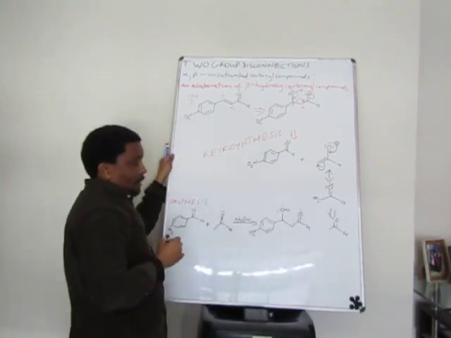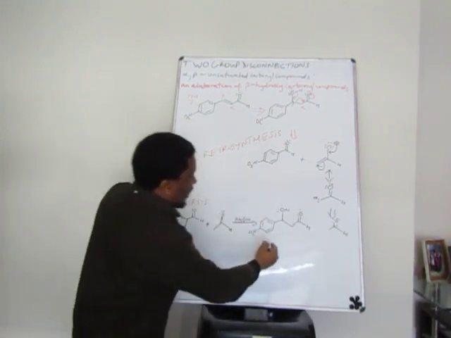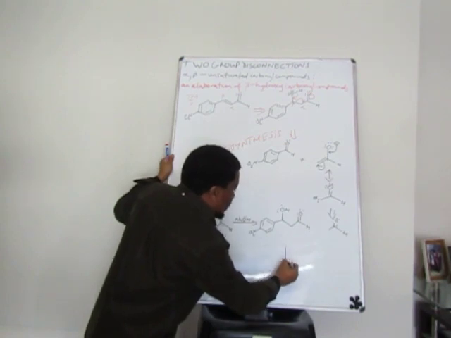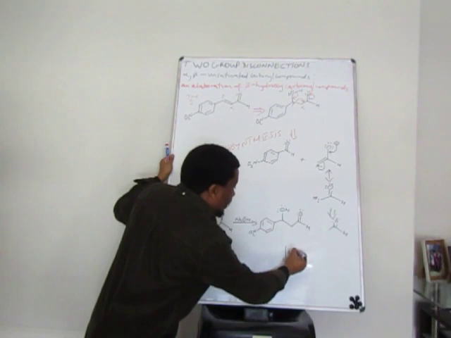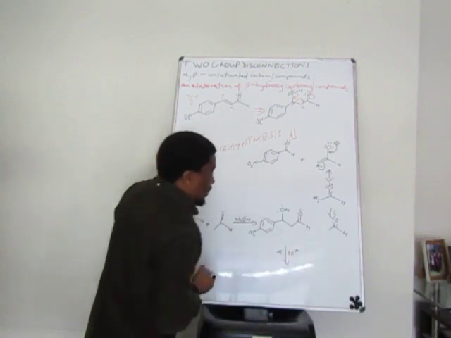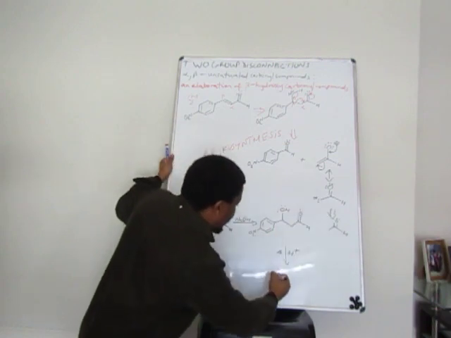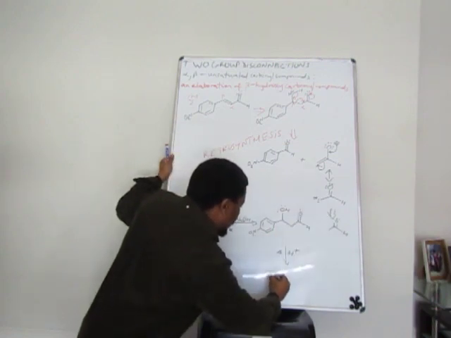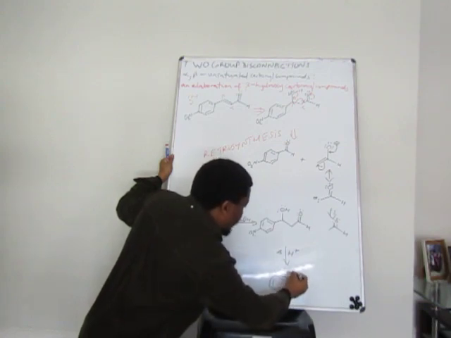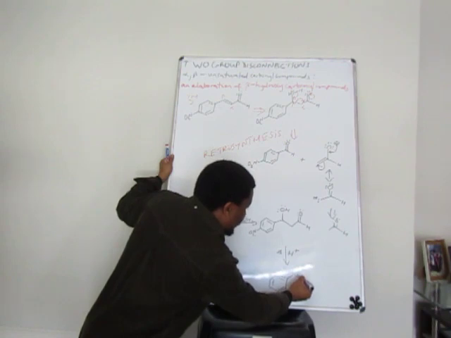That's my alcohol, of which I can just, in the presence of heat, treat this with acid. Then I remove OH and H, and I generate a double bond there. Then this will be my target molecule. This water will be eliminated there.